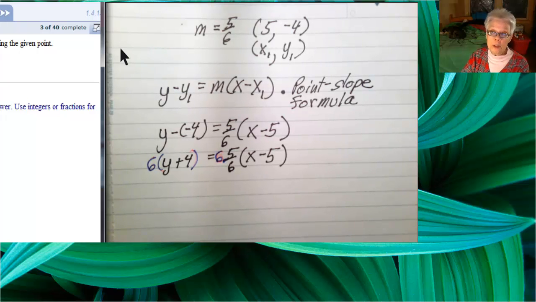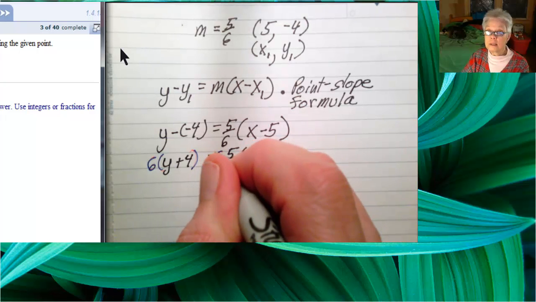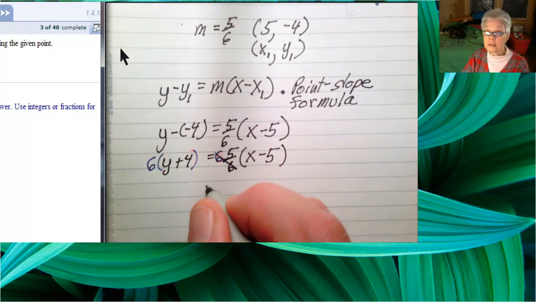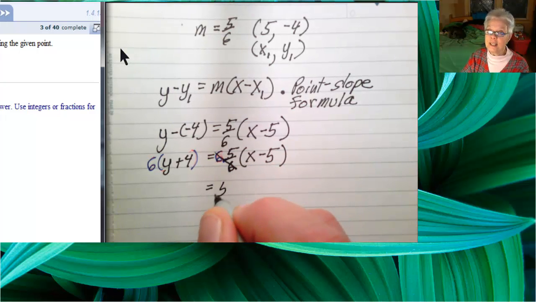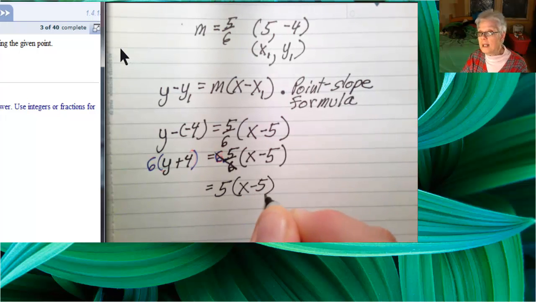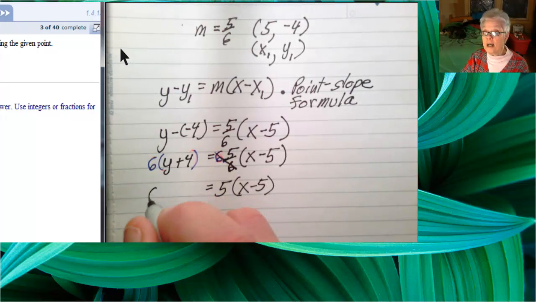I'll distribute on the left and cancel on the right. There, I love canceling. Gets rid of fractions. On the right, I'll have 5 times x minus 5.